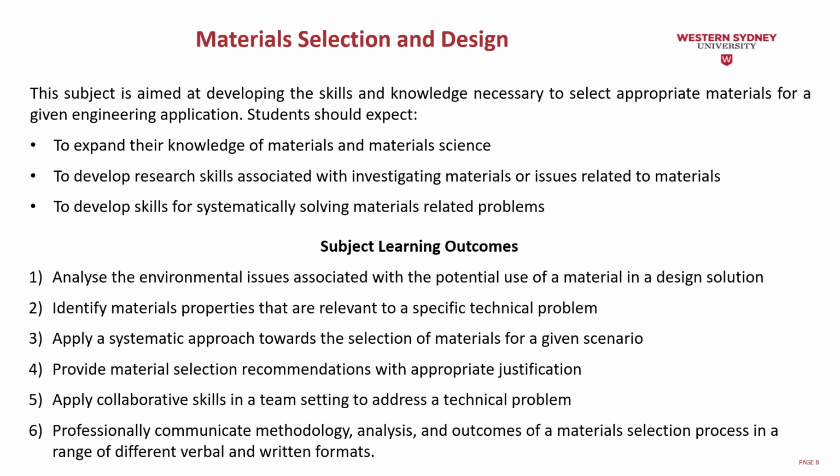Fourth, provide material selection recommendations with the appropriate justification. Fifth, apply collaborative skills in a team setting to address technical problems. And finally, appropriately communicate the methodology, analysis, and outcomes of the material selection process in a range of different verbal and written formats.